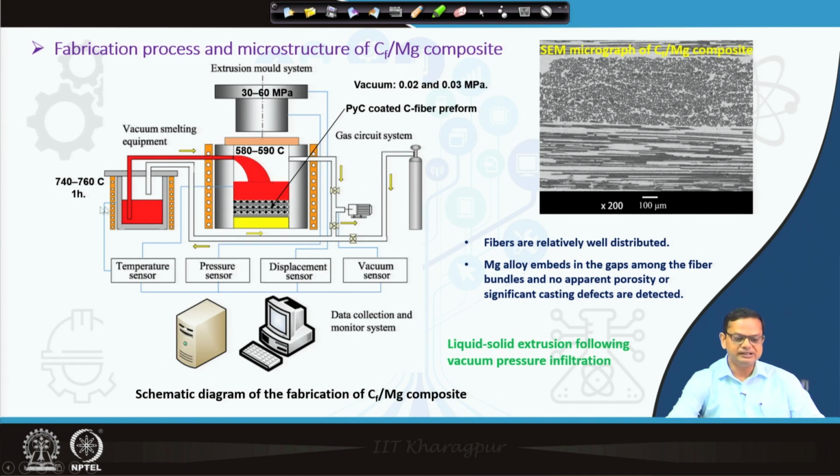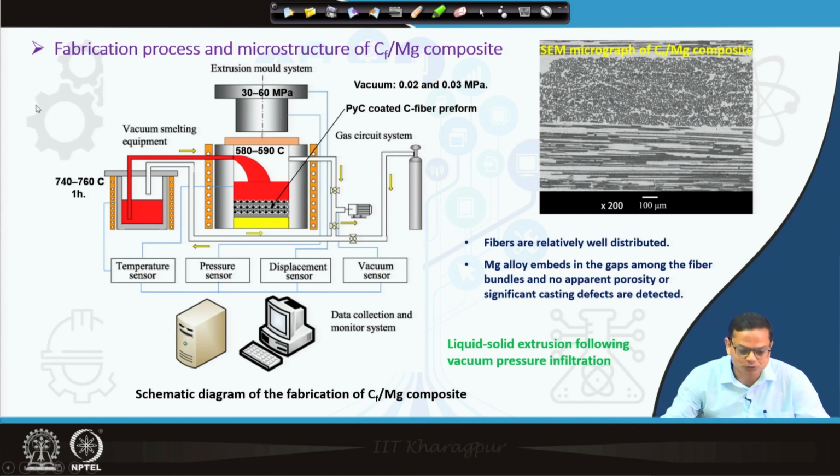Now, what do we have in this chamber? The melting of the magnesium, as you can see here, is higher than the melting point, in the range of 740 to 760 degrees Celsius. In the chamber you have a preform of the carbon fiber. The aim is to infiltrate or impregnate this carbon fiber preform.